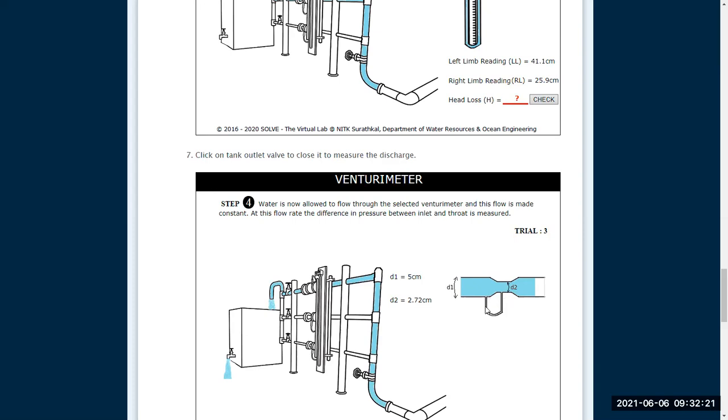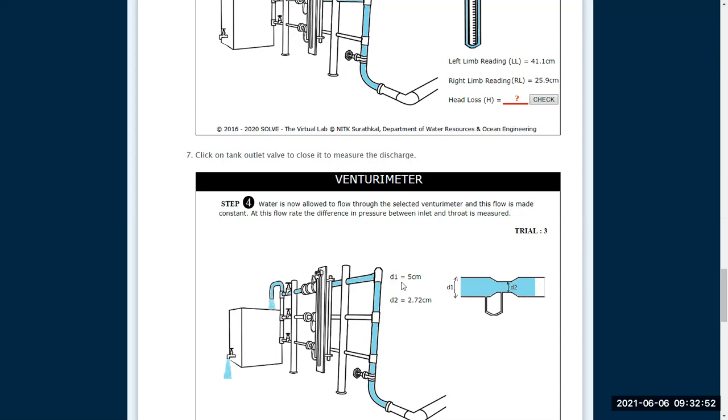One limb is at the inlet of the venturi meter and another limb at the throat section, and you have to take the diameter at the inlet section and at the throat section. The diameter at the inlet is denoted as D1 and the diameter at the throat is denoted as D2. D1 is 5 centimeter and D2 is 2.272 centimeter. These diameters are used to calculate the areas A1 and A2.